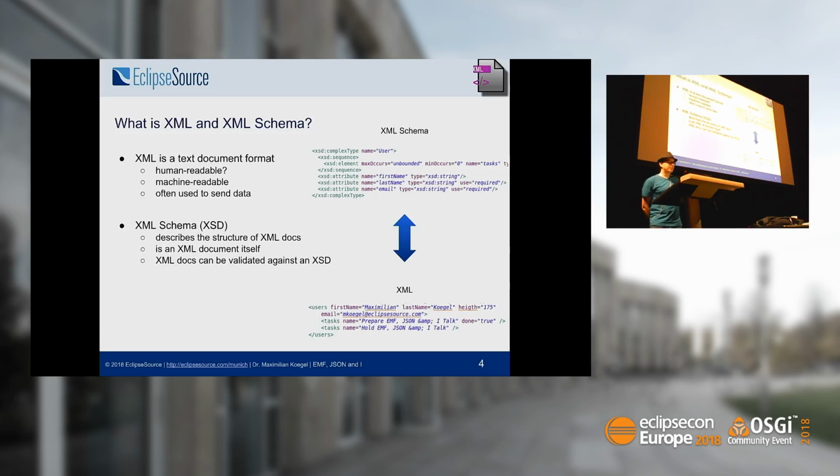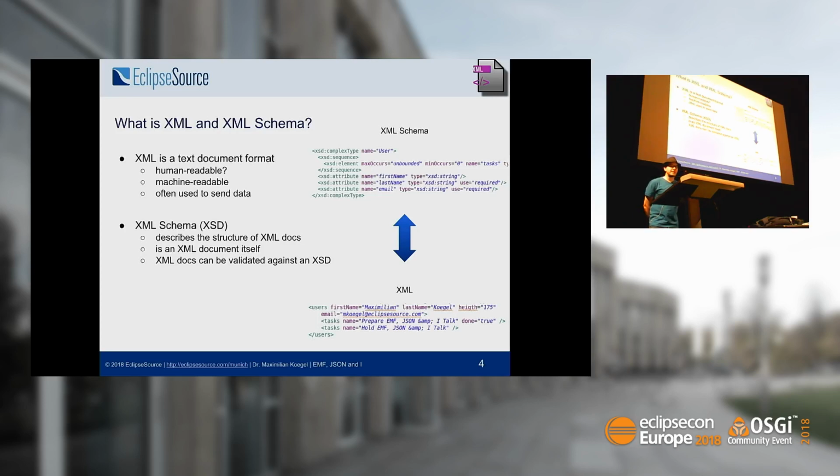It is an XML document itself, as it usually is the case with those modeling, meta-modeling, bootstrapping things. And the real benefit of it is you can validate an XML document or an XML string against an XSD to see whether it conforms to that.